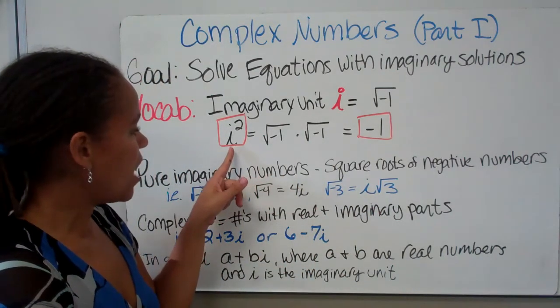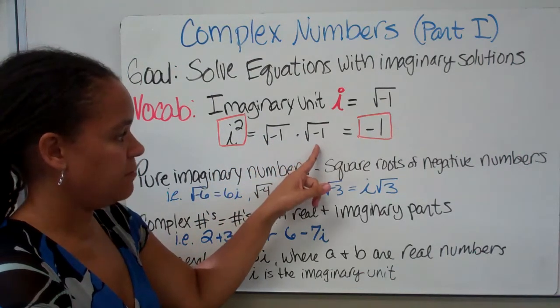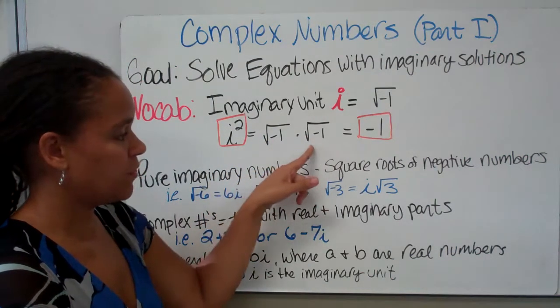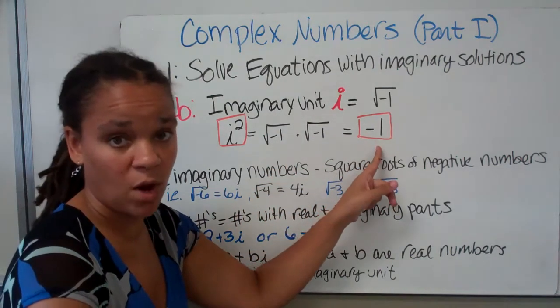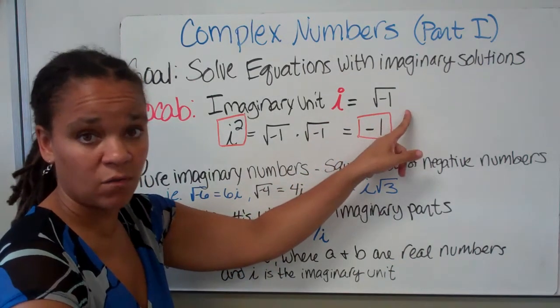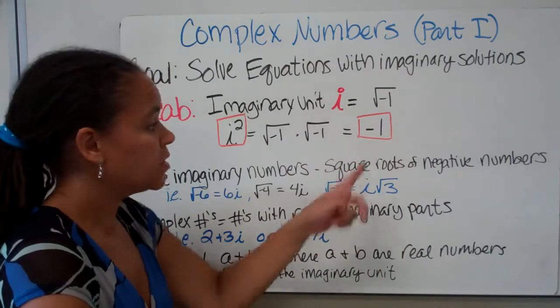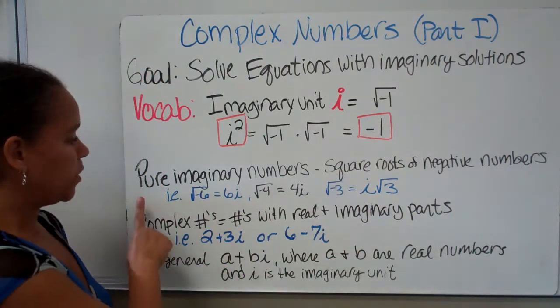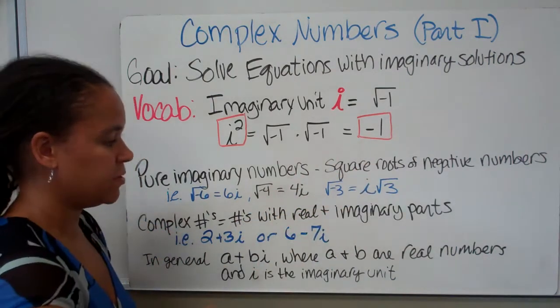So i squared is equal to i times i. And from our rules of multiplying radicals, we know that the radicals would go away and we'd be left with -1. So the two things that are very important to remember: i is the square root of -1, but i squared is actually just -1, which is a real number, so we can use that. Pure imaginary numbers are square roots of negative numbers.